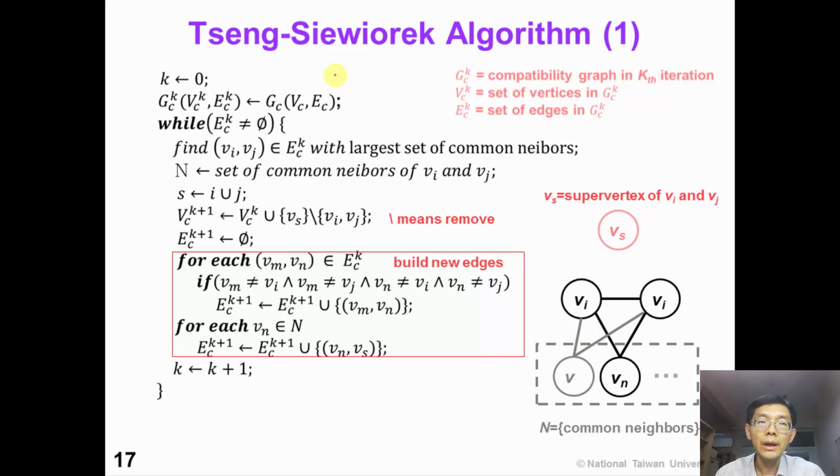Here we show the pseudocode of the Tseng and Siewiorek algorithm, where k denotes the number of iterations. Initially, it is 0. Gk is the compatibility graph in the kth iteration, and Vk and Ek are the set of vertices and edges in the kth iteration, respectively.